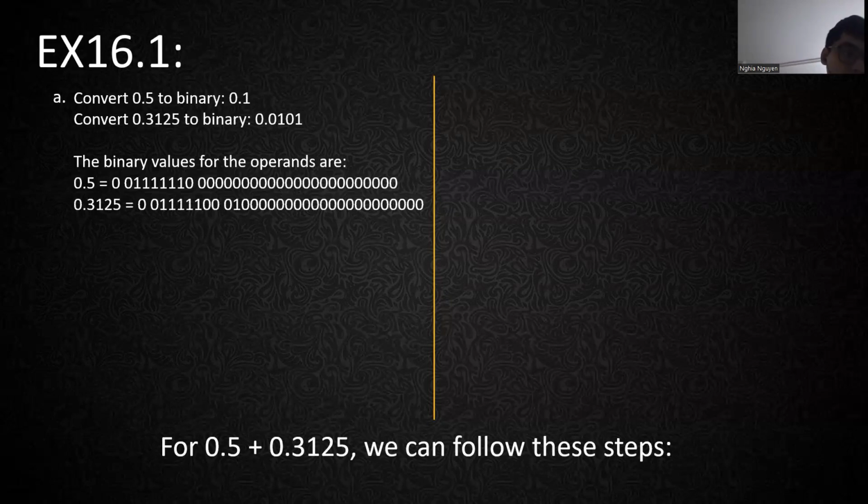In A, convert 0.5 to binary, 0.1, and convert 0.3125 to binary, 0.0101. The binary values of the operands are 0.5 and 0.3125.